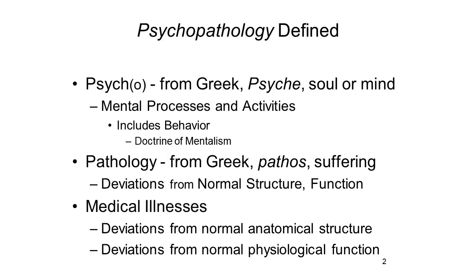Just as physical illness involves abnormalities of bodily structure, anatomy, and bodily function, physiology, so mental illness involves abnormalities of mental structure and function, abnormalities of cognition, emotion, and motivation that result in abnormal, deviant behavior.